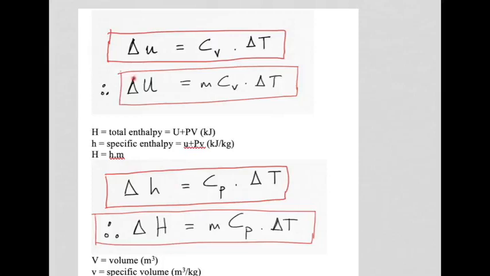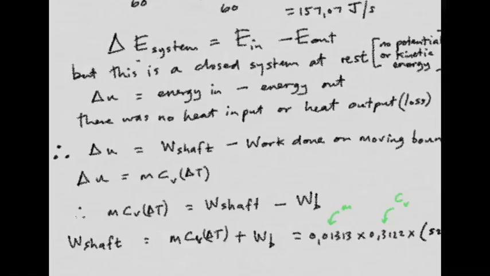Now remember that change in internal energy is mCv delta T, the mass times specific heat at constant volume times the change in temperature. So mCv delta T is therefore equal to work done by the shaft minus work done on the boundary.